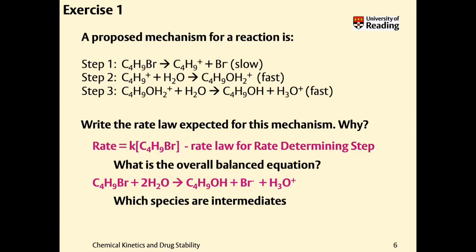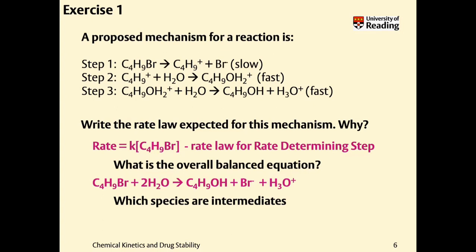Okay. That means that you can see that in the reaction mechanism, we also have some intermediate products. So which of these species is an intermediate? That will be something that is a product of one step and then a reactant of one of the later steps.